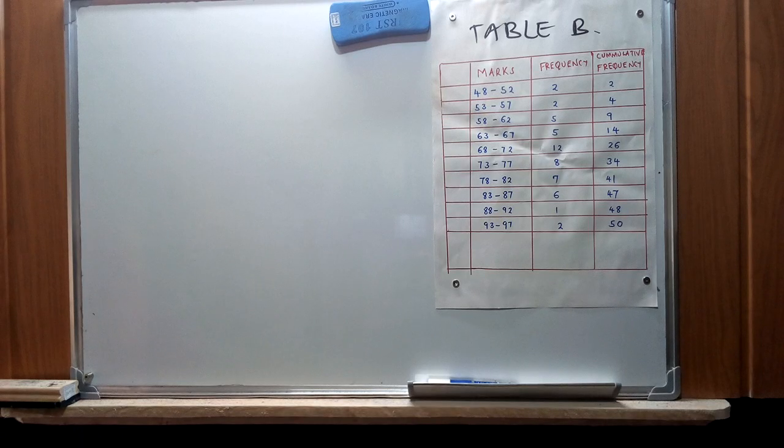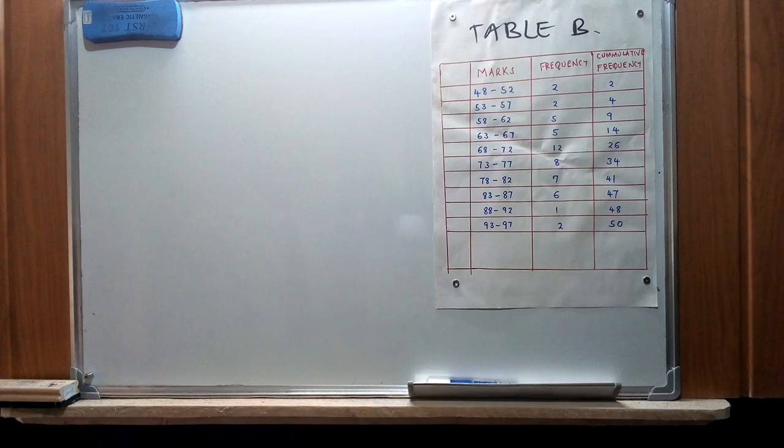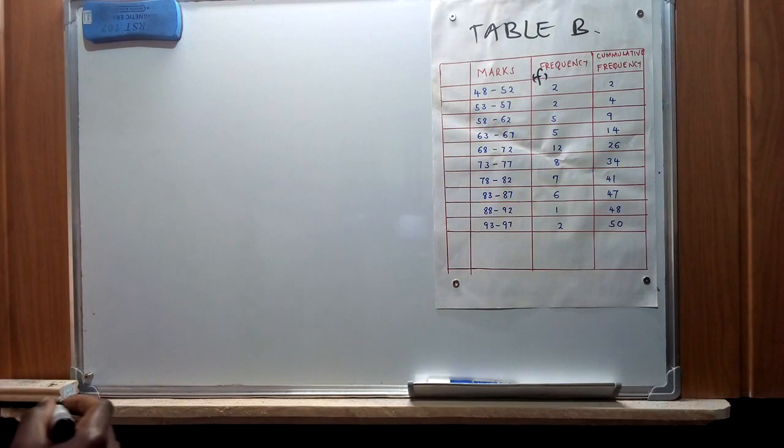So in that case, I'm going to have a table for illustration. Given the above distribution, I've given a table, table B, showing the marks obtained in a specific set of teaching, maybe a classroom. And then there's a frequency, which we are going to give by the initial F. And then that is cumulative frequency.